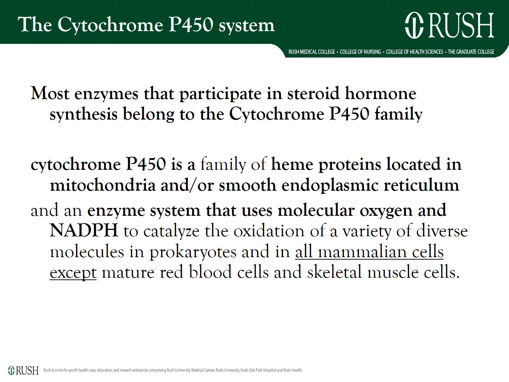We call it monooxygenase, which means that it uses one atom of the molecular oxygen plus NADPH to modify target molecules. We use it vastly in the CYP system. All mammalian cells except for mature red blood cells and skeletal muscle use the cytochrome P450 enzyme system for something.